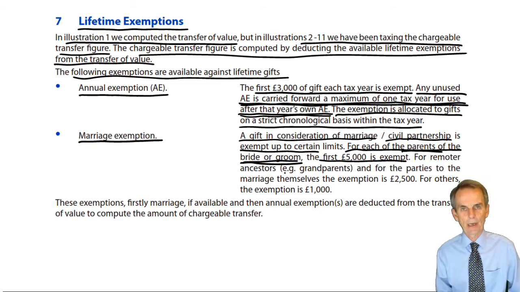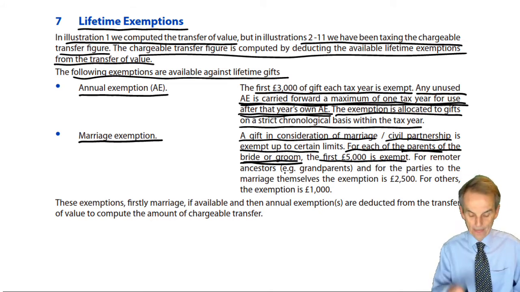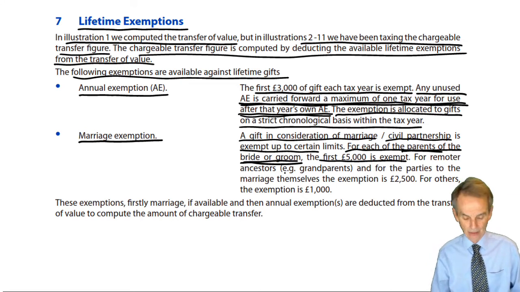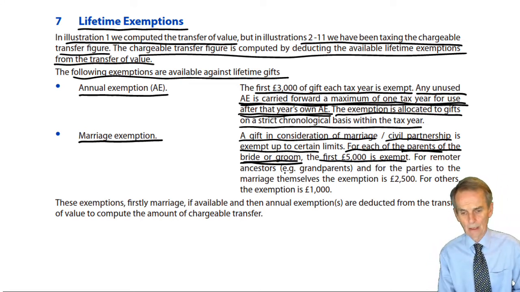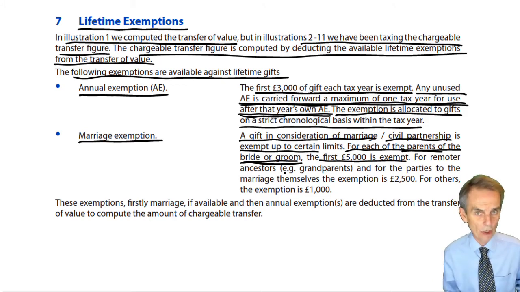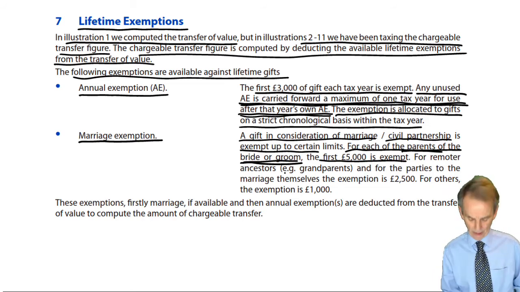So again, it is the relationship of the donor to the donee that matters there. The giver is the person who's getting the benefit of this exemption. The transfer is made on the occasion of, so this means before or at the time of either the marriage or their civil partnership.